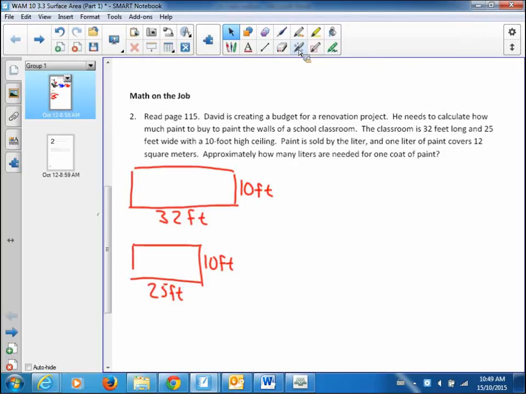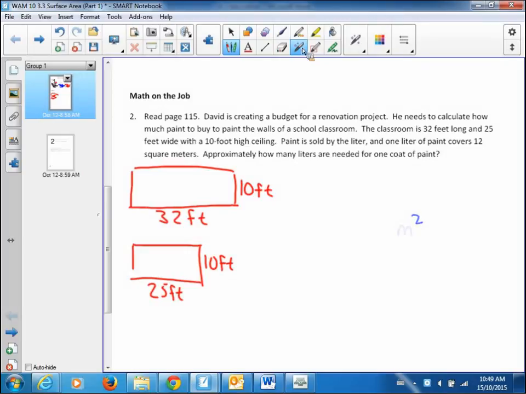Then you know how much area you need to paint. Once you do that, you're going to say, well, 1 liter of paint is to 12 meters squared. Oh, good gravy, I hate that. You have to change all of those to meters first.